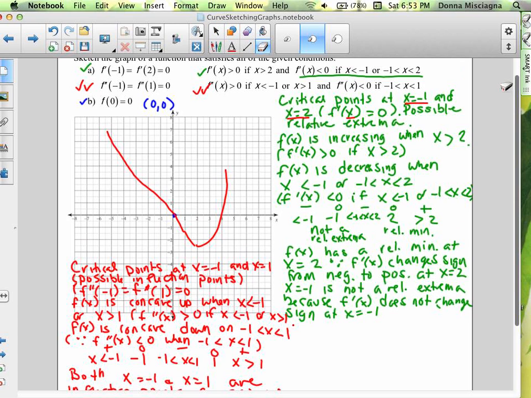If I make sure I am clearly changing concavity, then we're good. I will warn you, I have the most trouble with the concavity part. I'll draw it and realize I don't have an inflection point at -1. So it's not that easy, but you get better as you try it, and you just keep refining it.